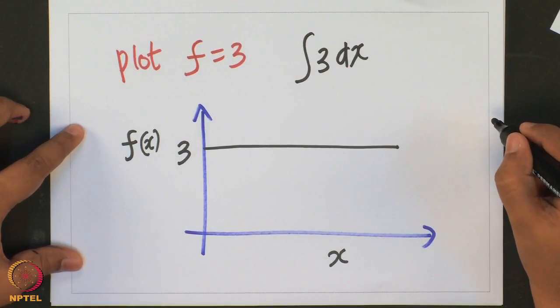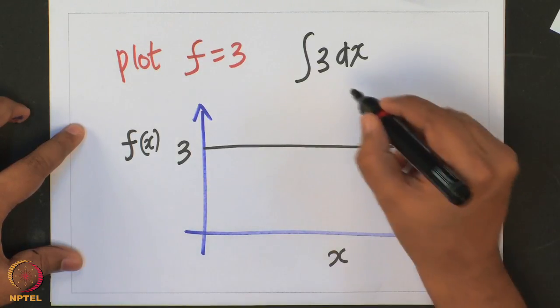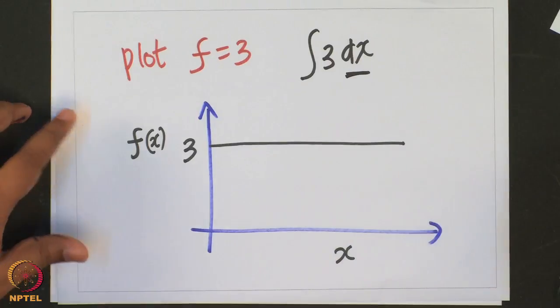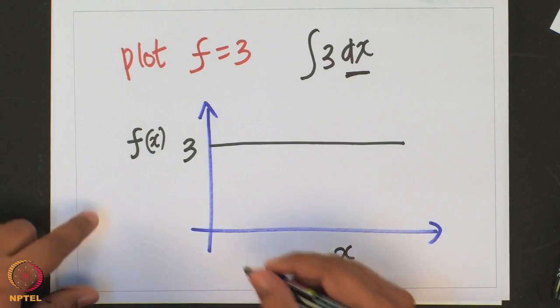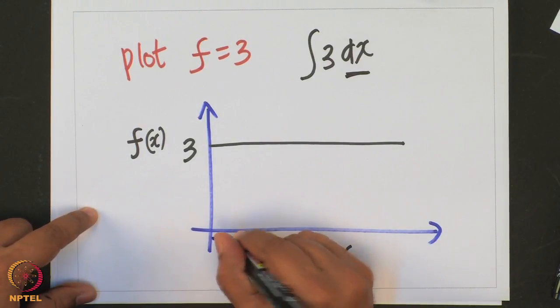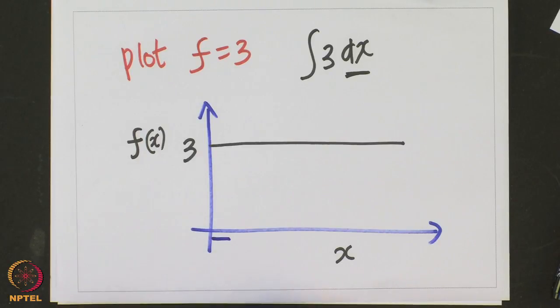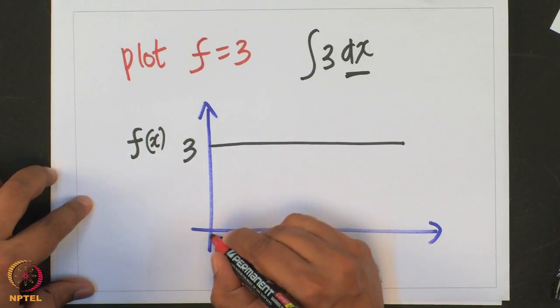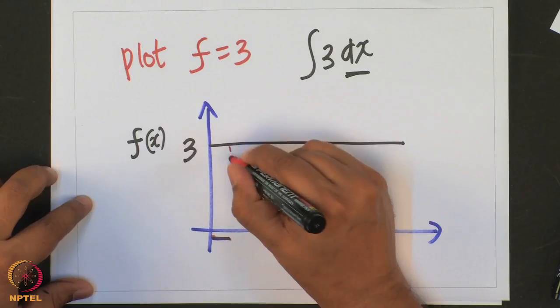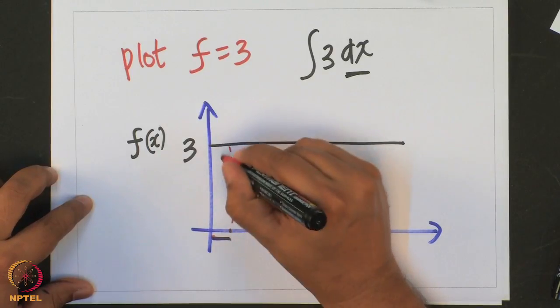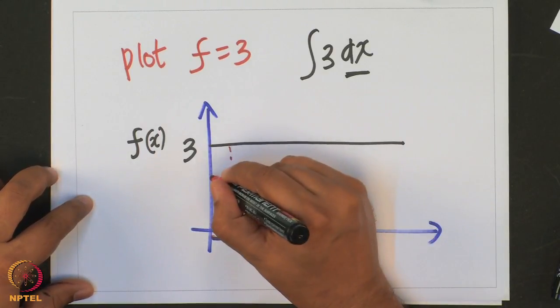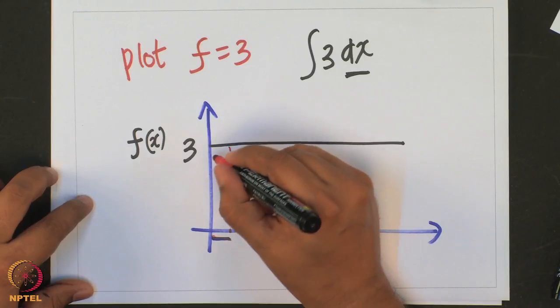We learned that dx is a small interval. So if I just take a small interval here, this is my small interval, and this is my 3. What is this integral 3 dx?